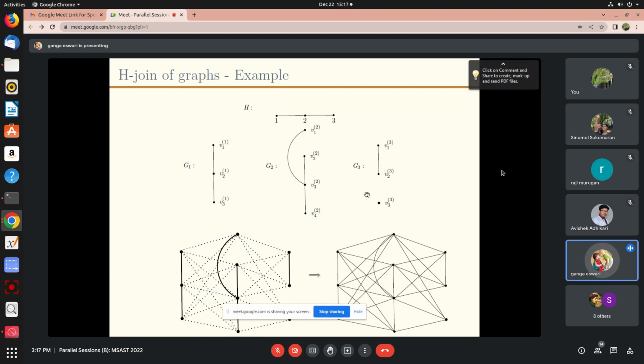Especially in the reduced ring case, we proved that these factor graphs are totally disconnected. So in the reduced ring case, it is simpler to calculate the degree in H. So using the H-join operation, our work is very simple. This is the main idea of our work.